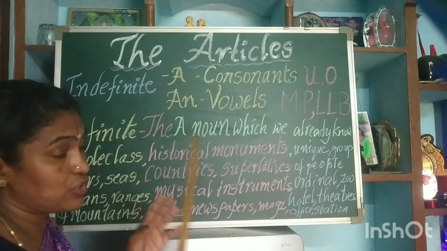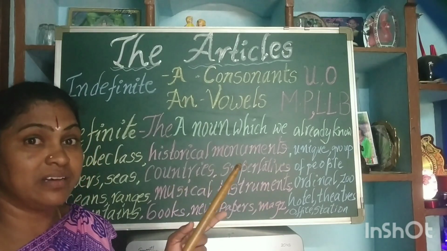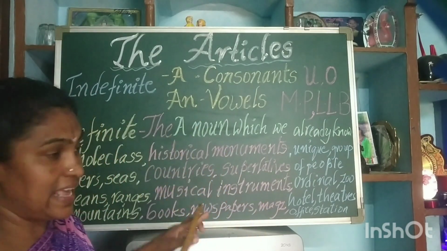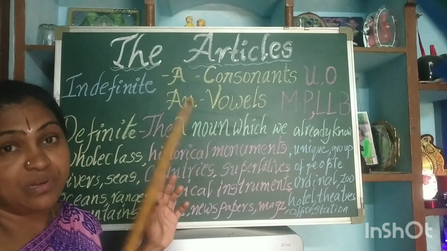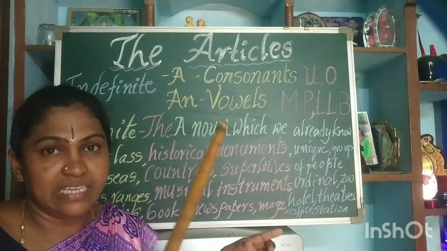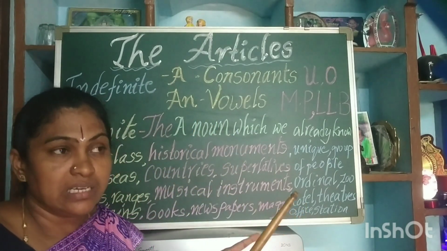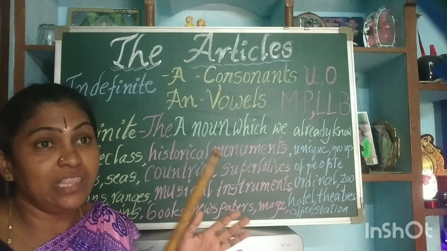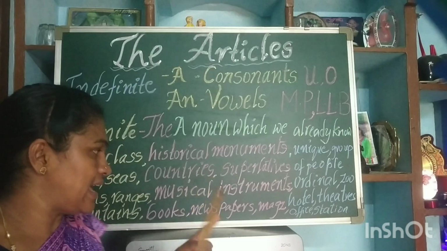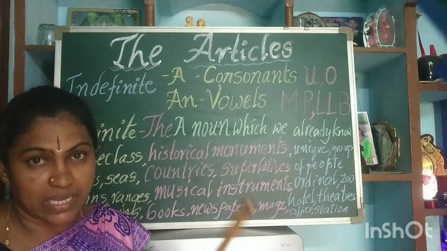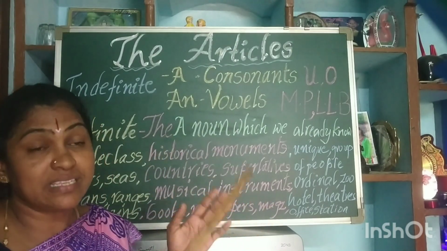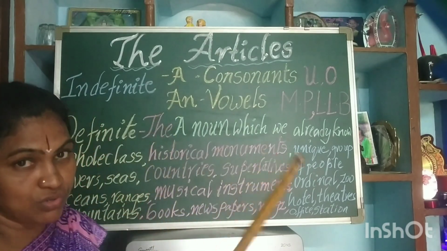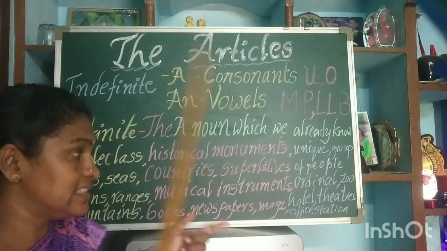Okay, so before the titles of books, newspapers or magazines, for example, the Bhagavad Gita, the Quran, the Bible, you have to use it. Then newspapers, the Hindu, the Deccan Herald, like that. The magazine, the Swati, like that. We have magazines, no? The title of the magazines, the title of the newspaper, the title of the books, you have to use "the" before that.